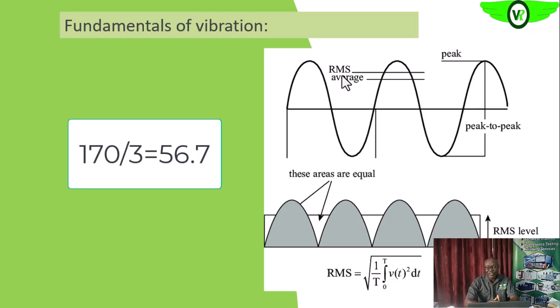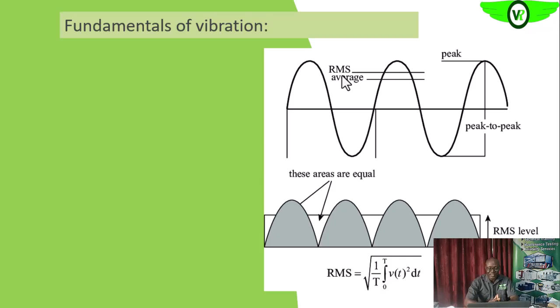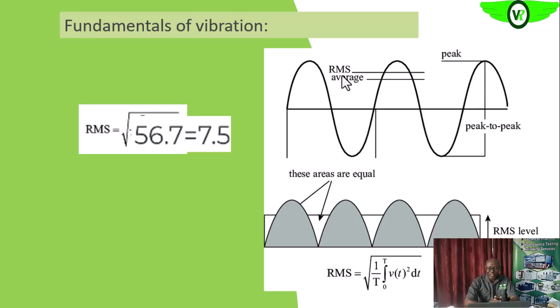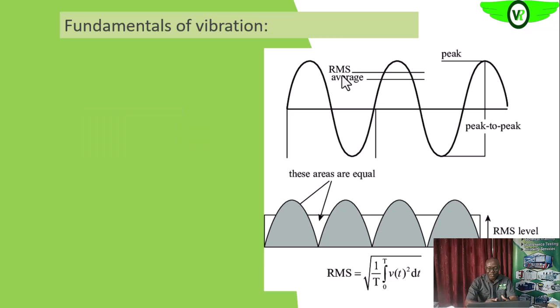What results from the division by 3 is what you will now take the root of. That will give us the RMS value. Though the computer within the instrument will do it automatically for us if we are looking at the root mean square value.